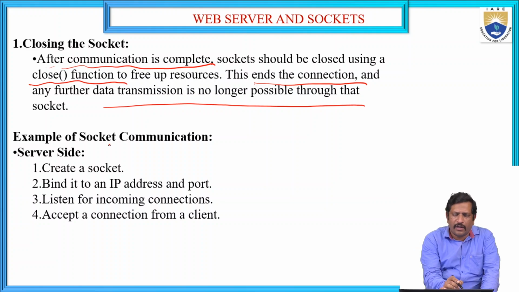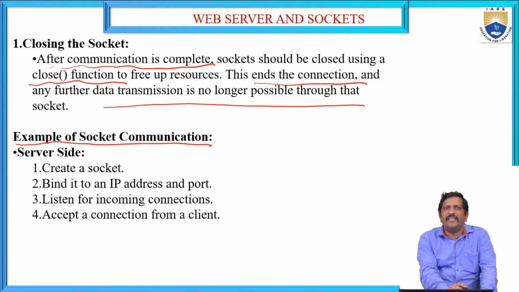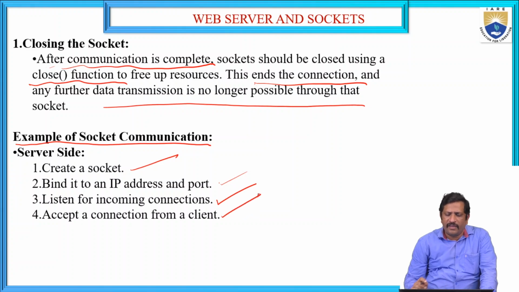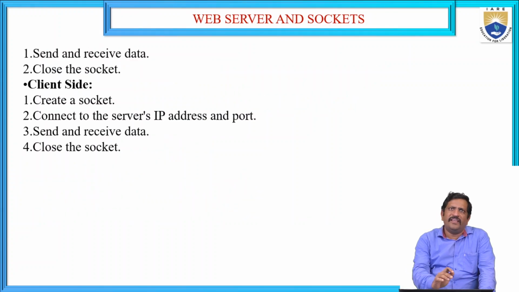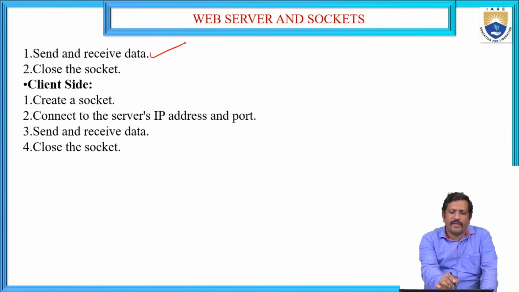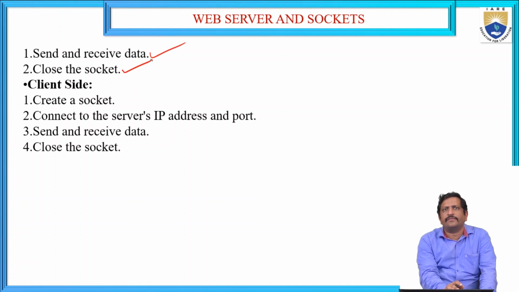Examples of socket communication. On the server side, we create the socket, bind it with the IP address and port number, listen for incoming connections, and accept a connection from the client. Then we send and receive the data and close the socket. On the client side, we also create the socket and connect to the server IP address and port number.